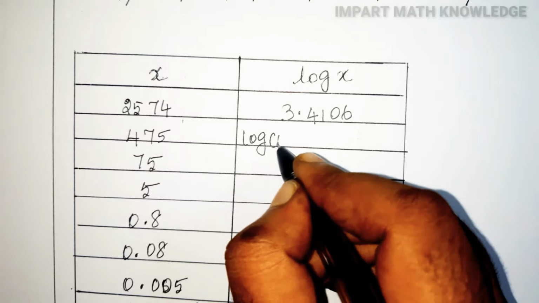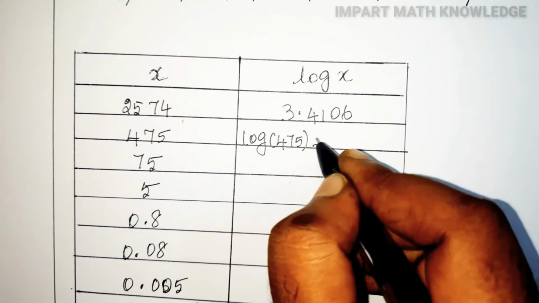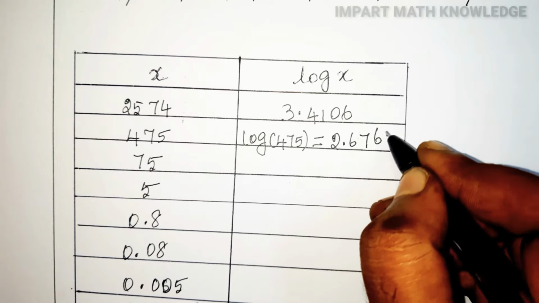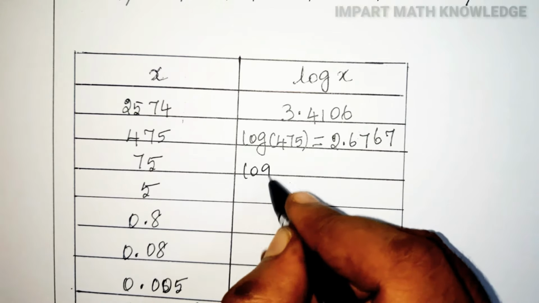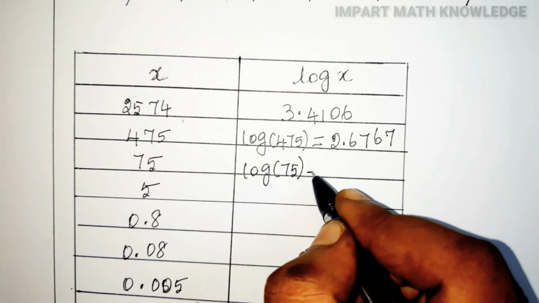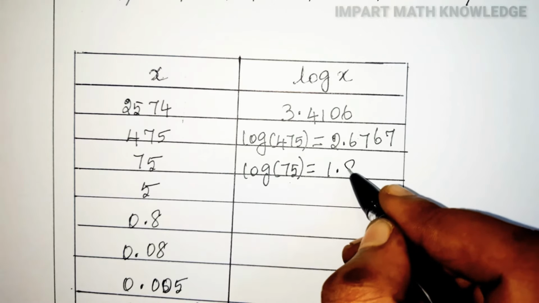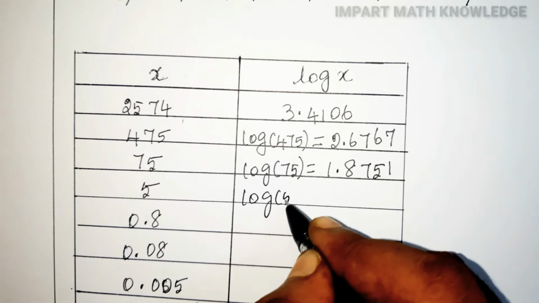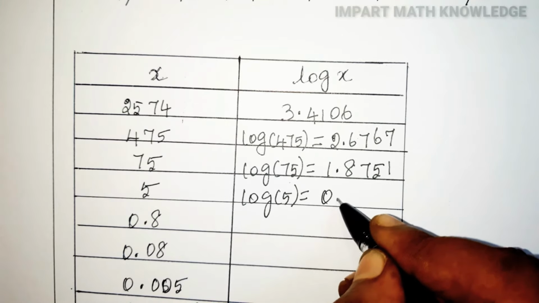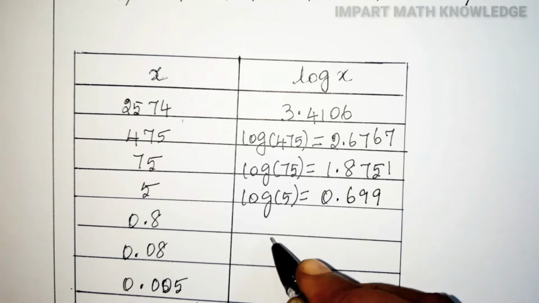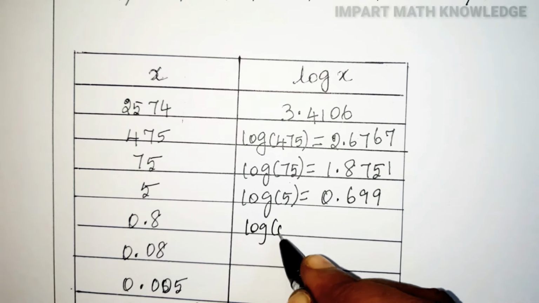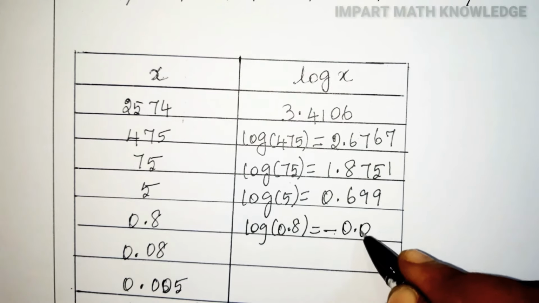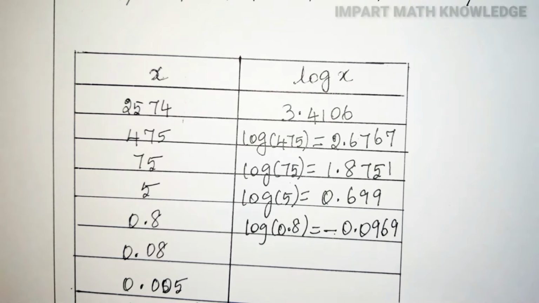Log 475 is equal to 2.6767. Log 75 is equal to 1.8751. Log 5 is equal to 0.699. Log 0.8 is equal to minus 0.0969.